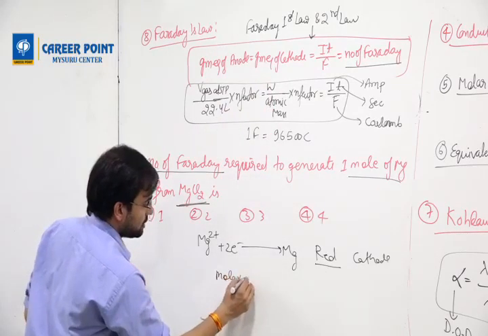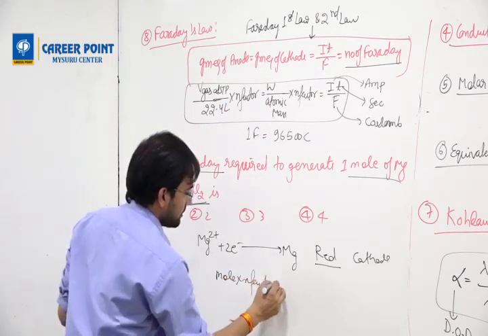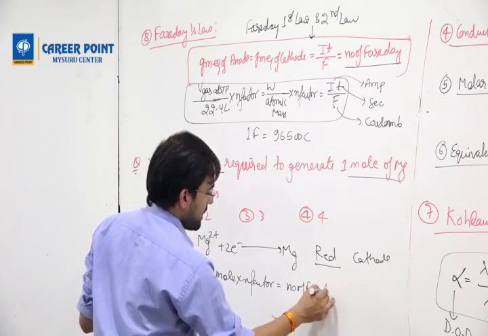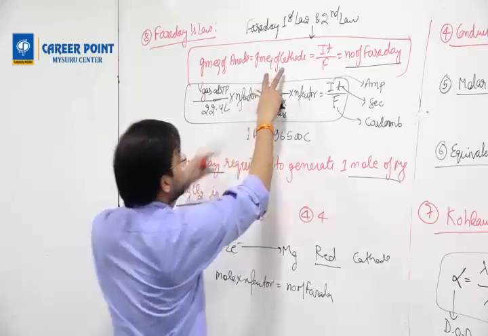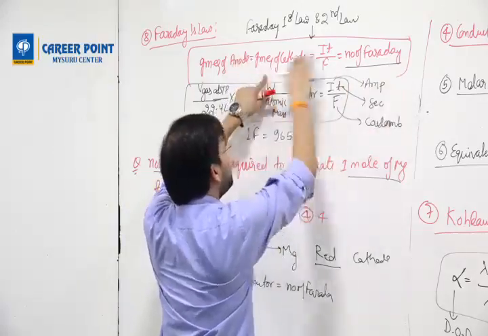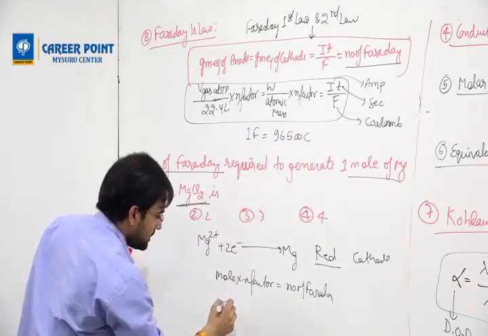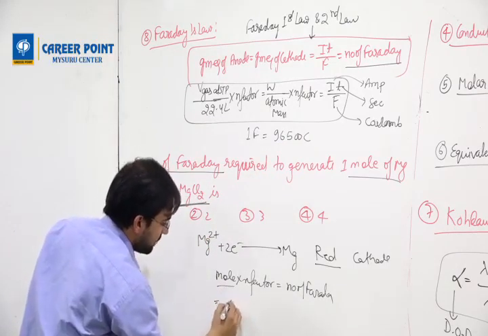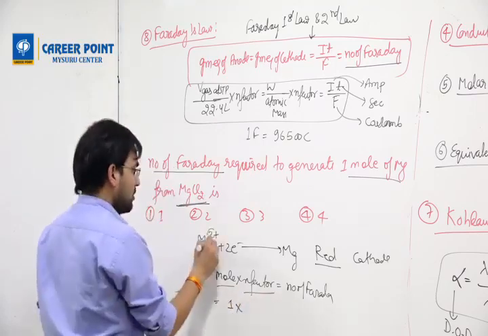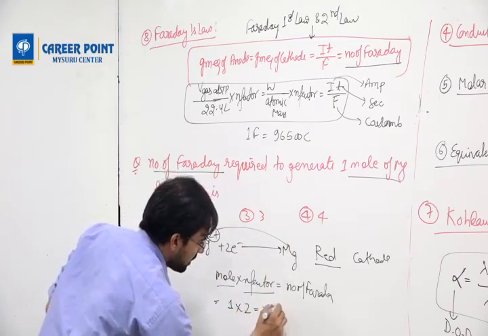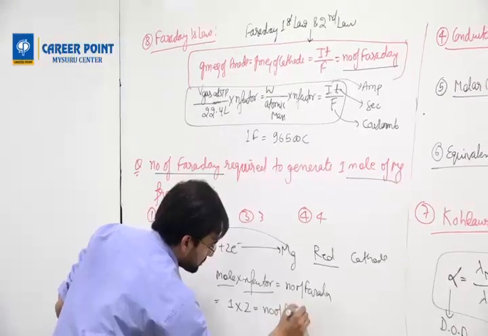Moles into N factor equals number of Faraday. I can equate this and this. These all four are equal. You can take any two to make it equal. So how many moles do I want to make? 1. What is N factor? 2. So 2 equals number of Faraday.